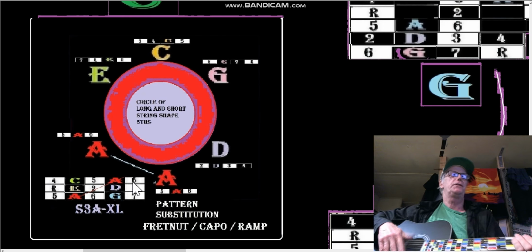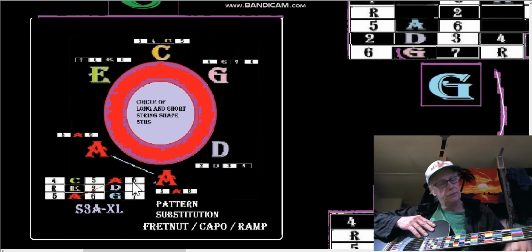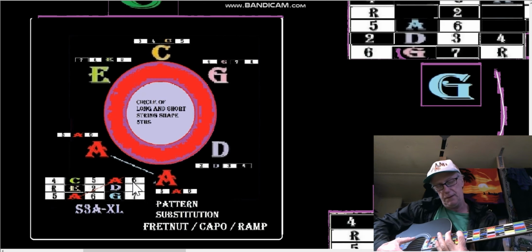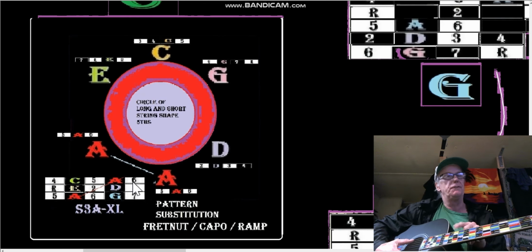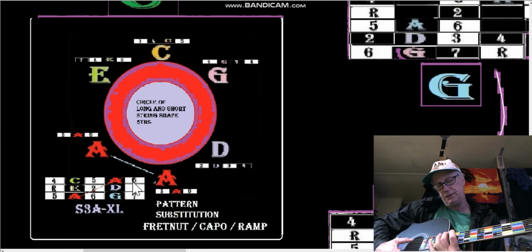Okay, what's the 5th of F? C. So let's find the C here. We'll go 5, we'll go root, 2, 3, 4, 5, 6. Okay, the 5th, we have to count as the 5th, not as root. See, I made a mistake there. 5, 6, 7, root, 2, 3, 4, 5, 6.